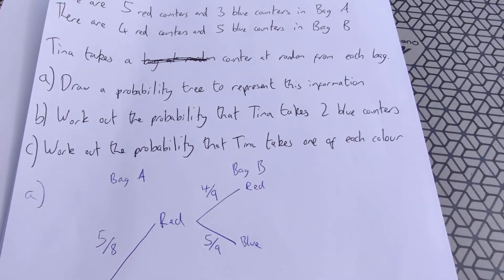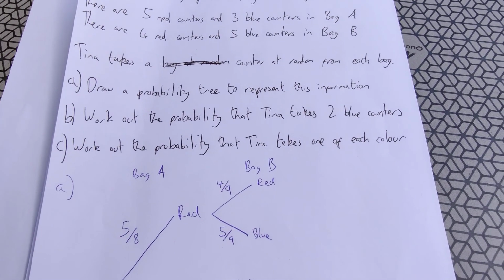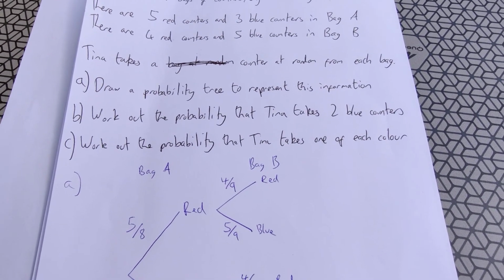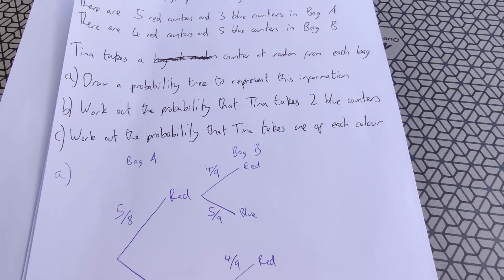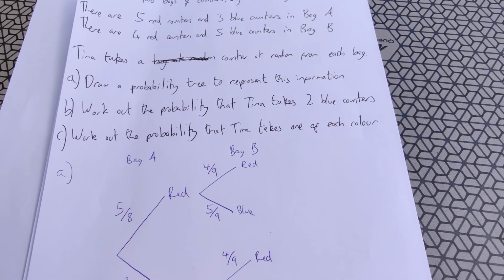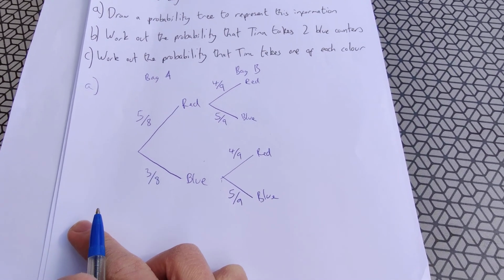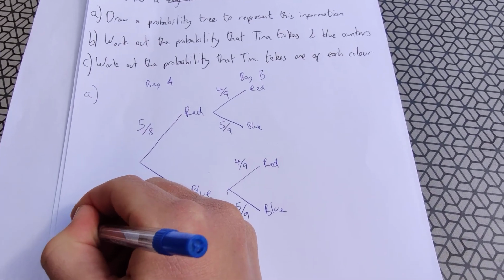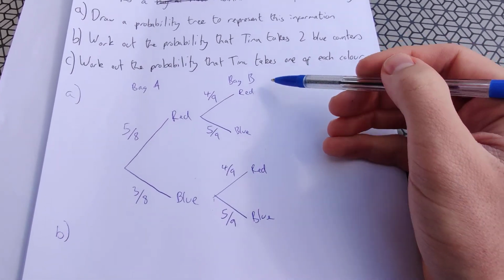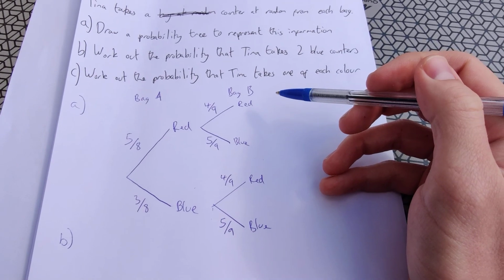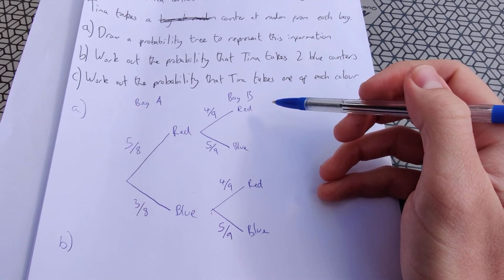Part B says work out the probability that Tina takes 2 blue counters. Well, we've already done most of the work for part B, because we've drawn ourselves a really clear tree diagram. Now we need to look where on the tree diagram Tina takes 2 blue counters.